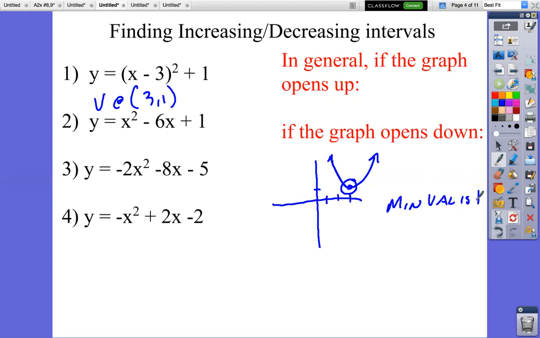But now we're talking specifically about the increasing or decreasing intervals. From left to right, and it is always from left to right. It's what's happening to your Y values. So from left to right, from this arrow all the way until here, is it increasing or decreasing?